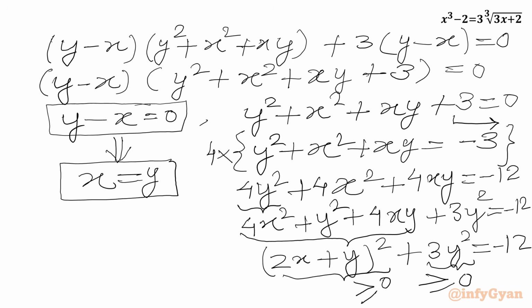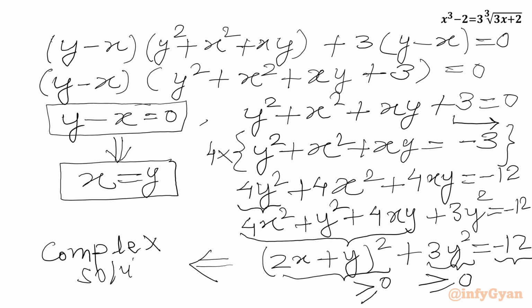The summation of two non-negative numbers cannot be negative. This is possible only if the solutions are complex. So we can reject our equation y square plus x square plus xy plus 3 equal to 0. So we will accept only the result x equal to y.